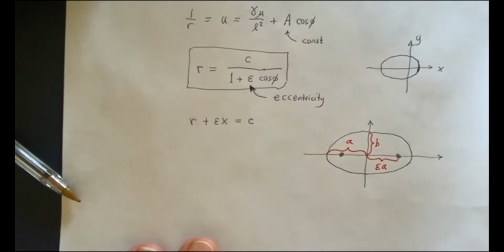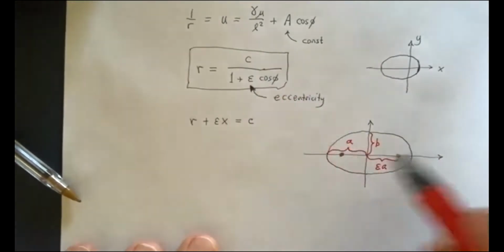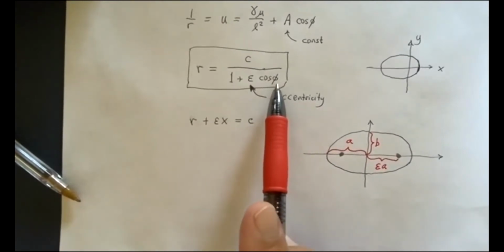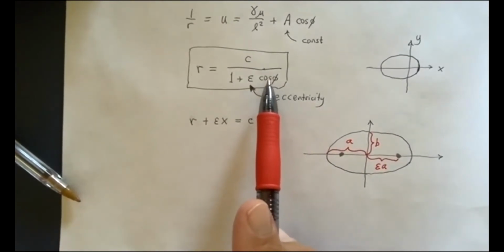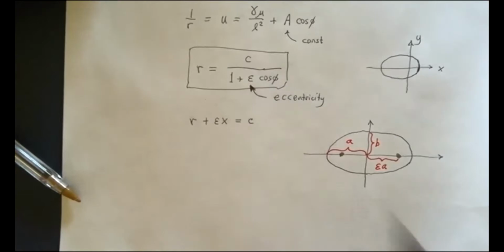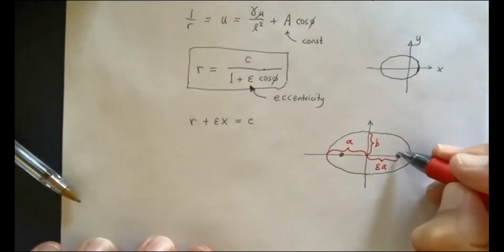So it's all coming together. This parameter c, you can read it off from the picture. Because what happens when phi is 90 degrees, which in radians is pi over 2? This distance here is c.